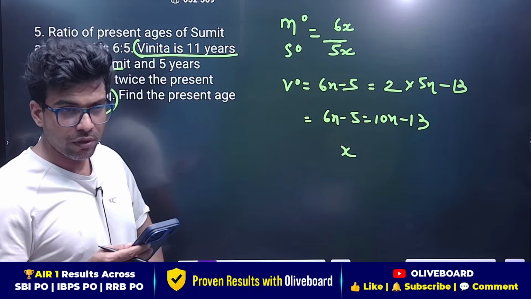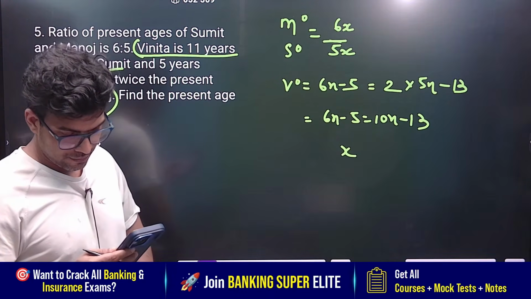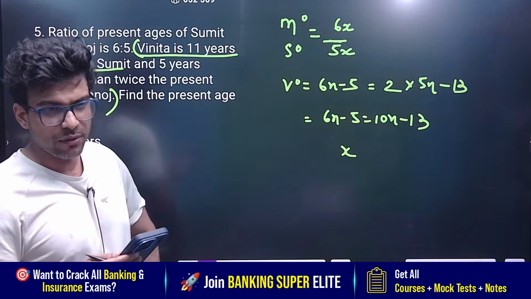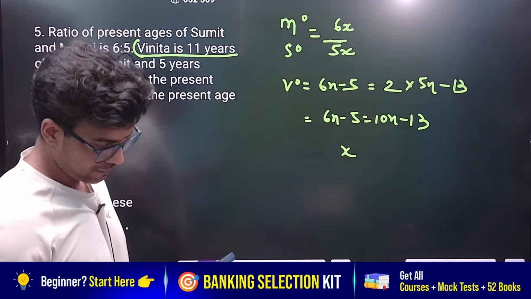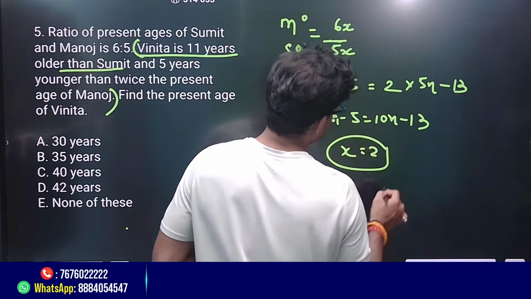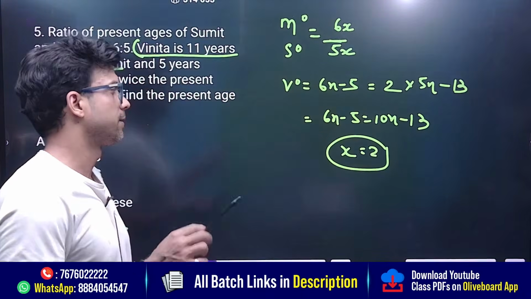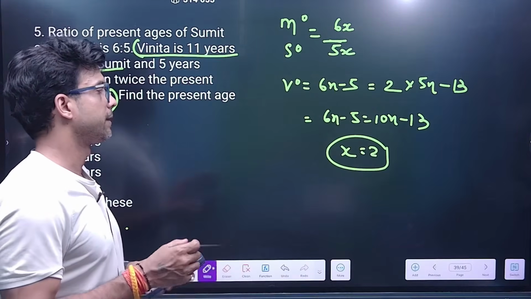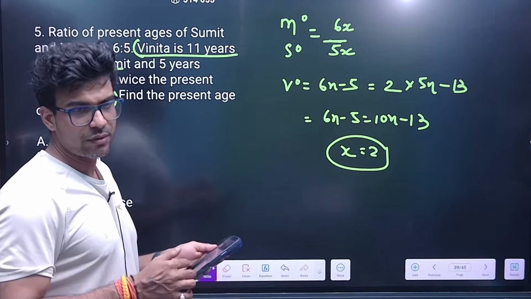Is the x value 2 or 3? You guys are getting 2 or 3? 4x is equal to 8, no?